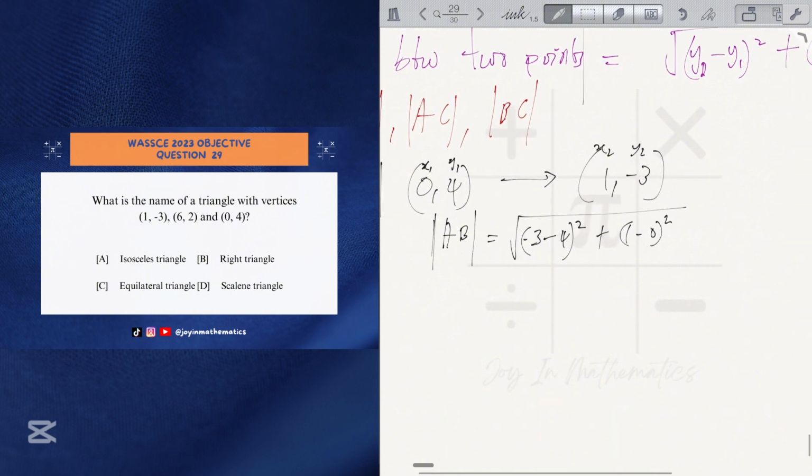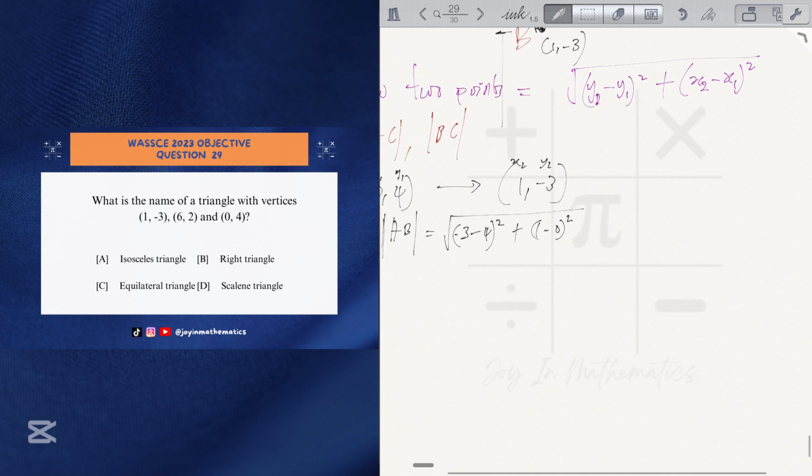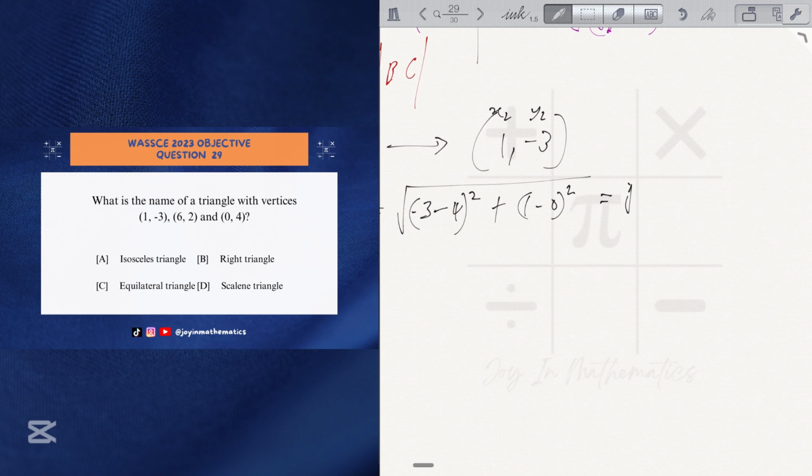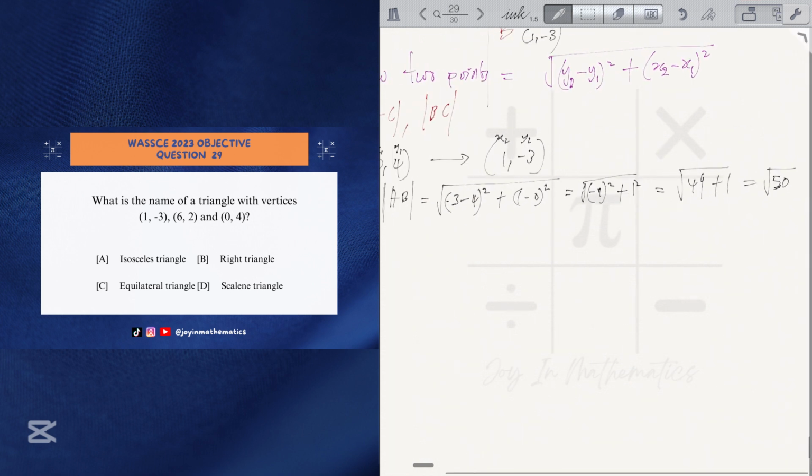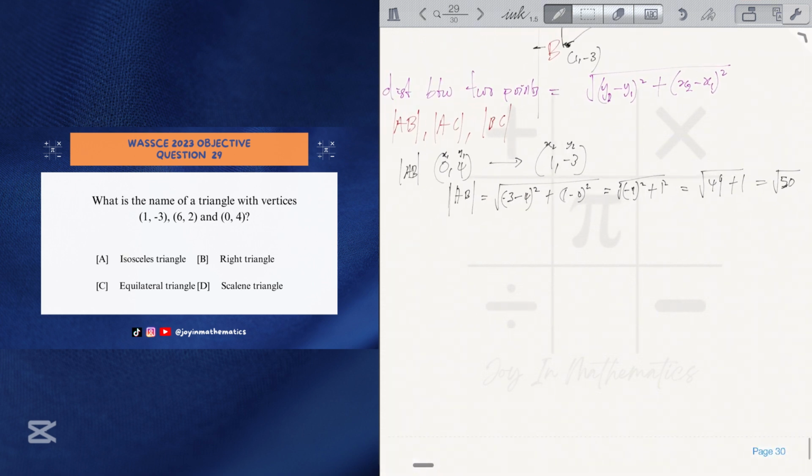Simplifying this further gives us minus 3 minus 4, which is minus 7 squared, and 1 squared. Minus 7 squared is 49 and 1 squared is 1, and this gives us root 50. So we have length AB equal to root 50.